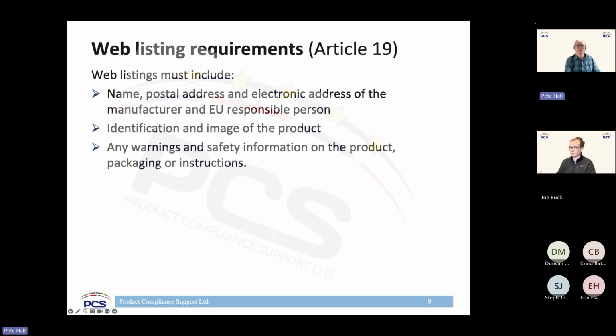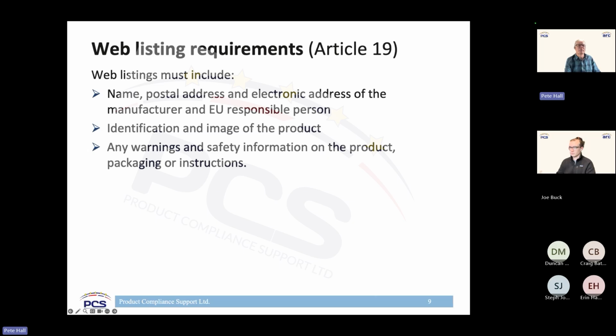Another part of the GPSR is that web listings have to include some of the same details. So the name and address of the manufacturer and authorised representative or responsible person. They have to include an image of the product, which web listings generally do, and they have to include warnings and safety information on the product or on its packaging and instructions.